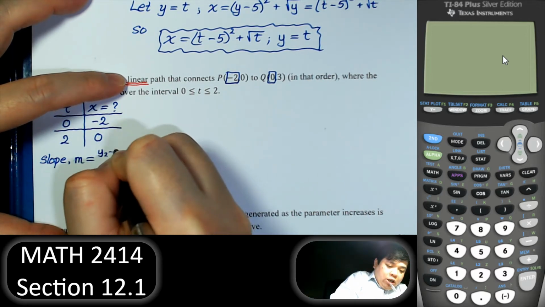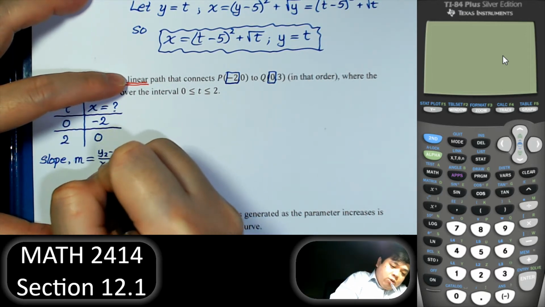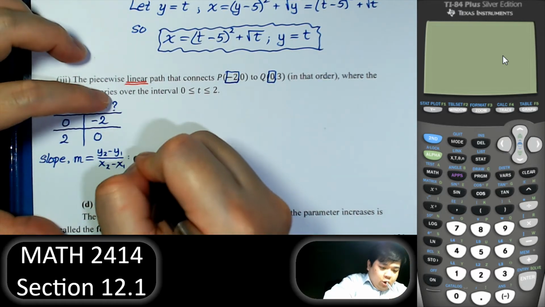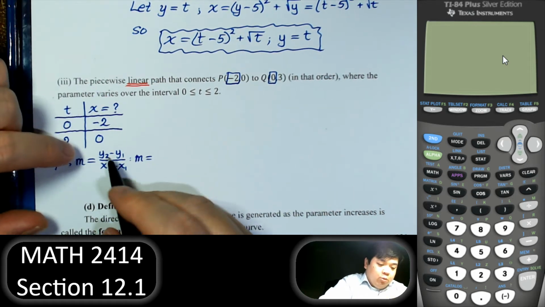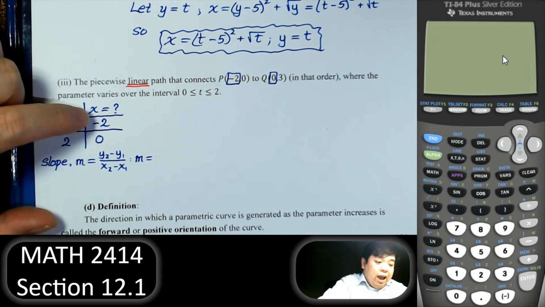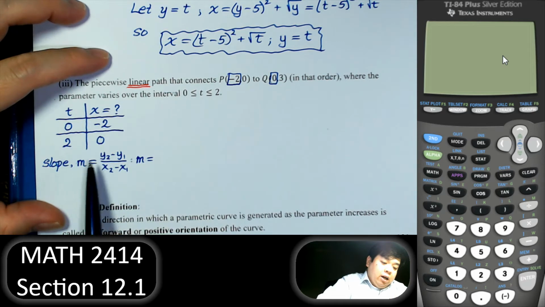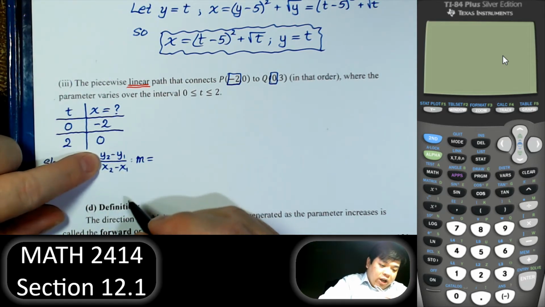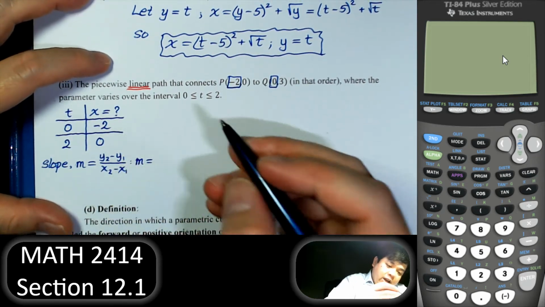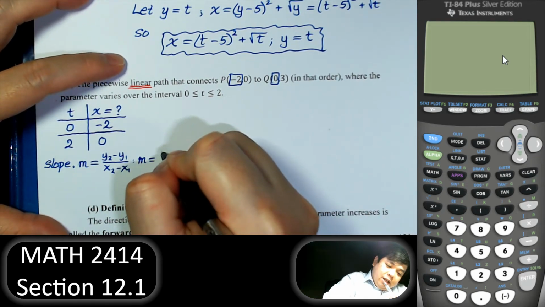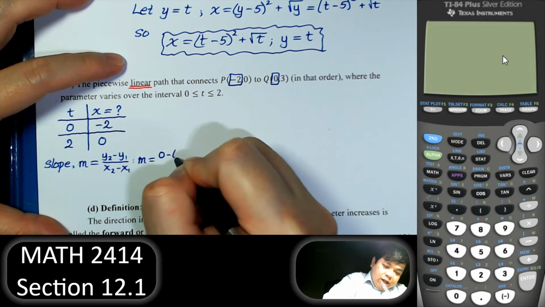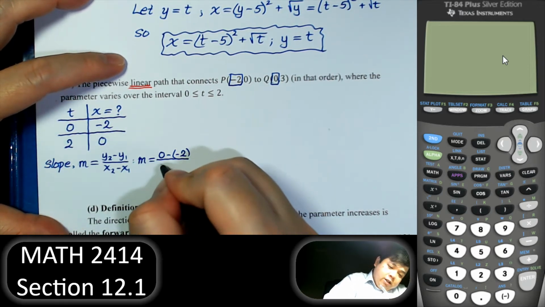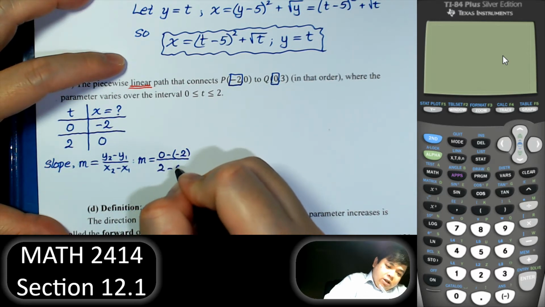Usually the slope is y2 minus y1 over x2 minus x1. But in this particular case, instead of y, we're going to use x. So we go from -2 to 0, so we have 0 minus -2 over 2 minus 0.